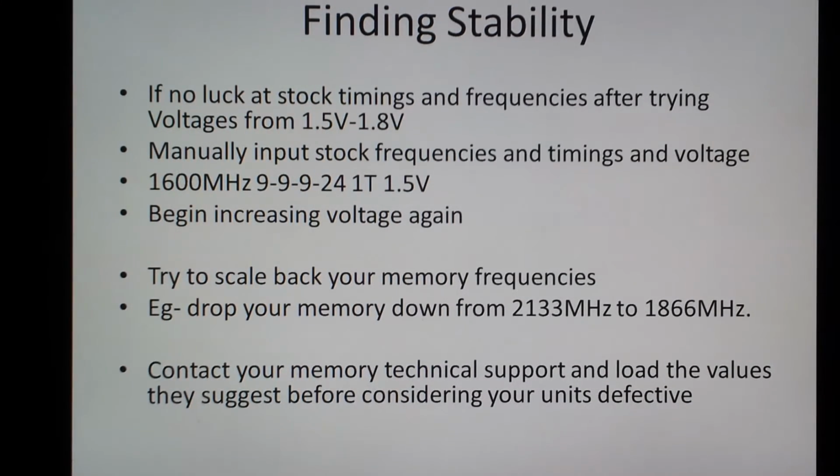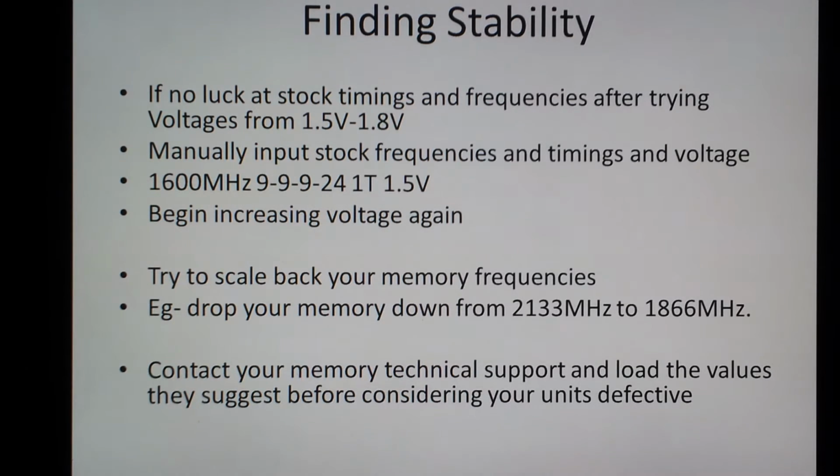If you still haven't found any luck by increasing your voltages manually, the next thing that you could try doing is increasing your timings and frequency manually. For example, if your kit is suggested to run at 1600 megahertz, 9-9-9-24 at a command rate of 1T with a voltage of 1.5 volts, basically go into the BIOS and input that manually.